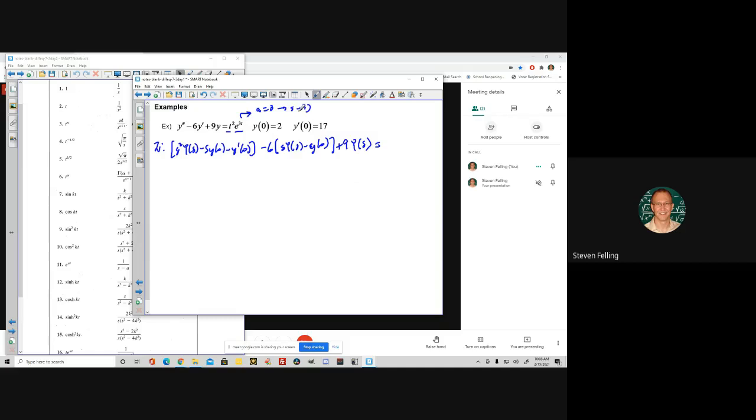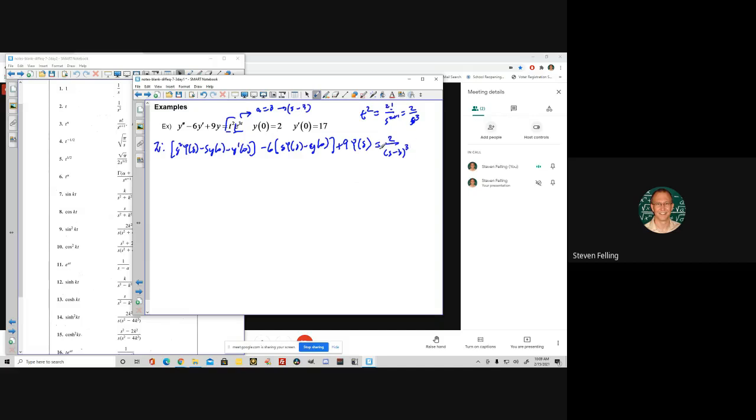So we'll take the t squared only and do that, right? t squared transforms into 2 factorial over s to the 2 plus 1, which is 2 over s cubed. But before we write this, we're going to take that and shift it. So this is where the shifting comes in handy. We can just say 2 over (s minus 3) cubed.